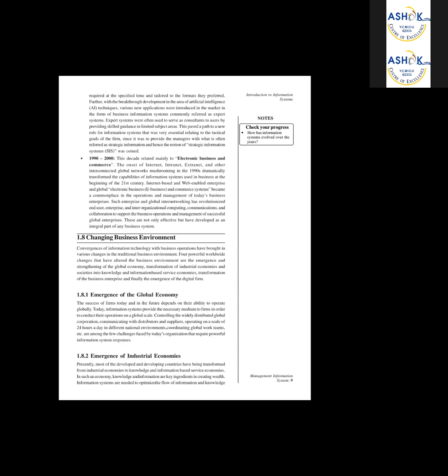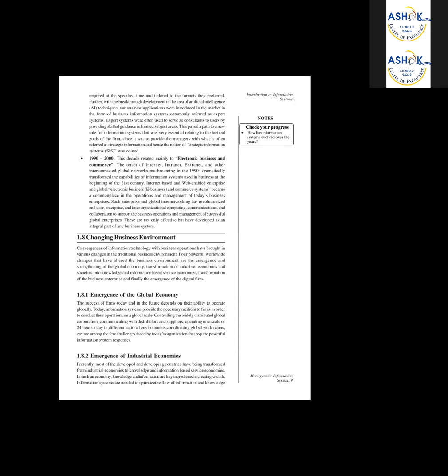This was a path to a new role for information systems that was very related to the tactical goals of the firm, since it also provided the manager with what is often referred to as strategic information, and hence the notion of strategic information systems was coined.